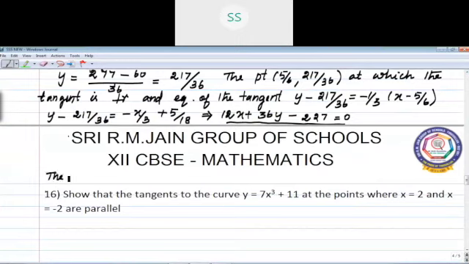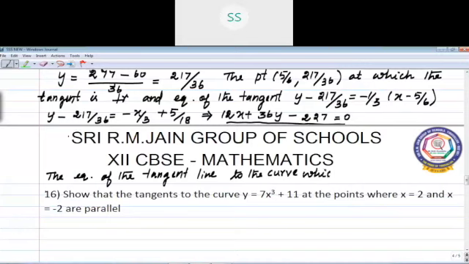The equation of the tangent line to the curve which is perpendicular to the line.